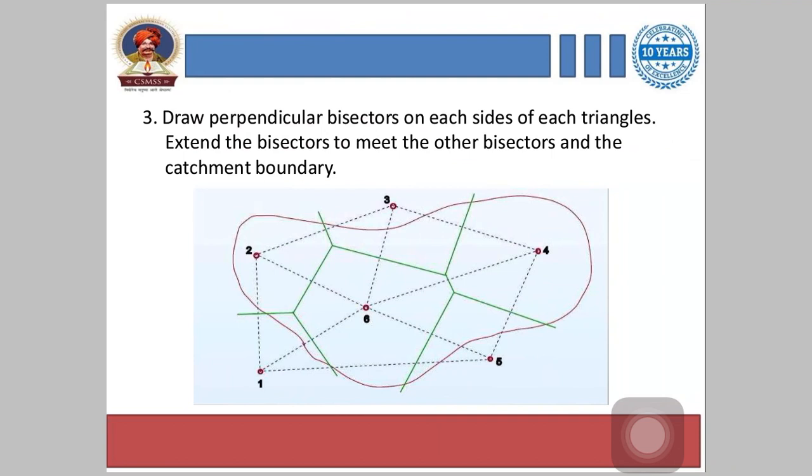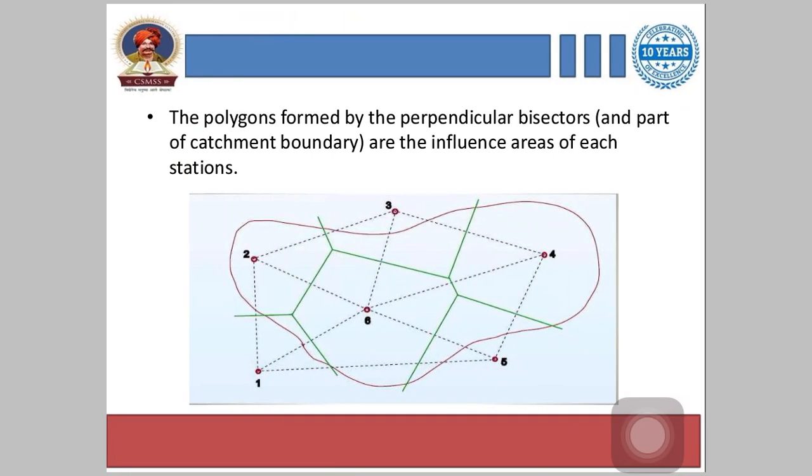In the third step we draw the perpendicular bisector on each side of each triangle. We extend the bisectors to meet the other bisectors and the catchment boundary.